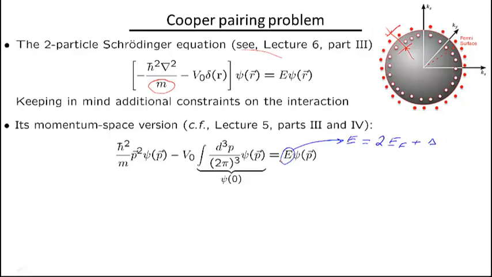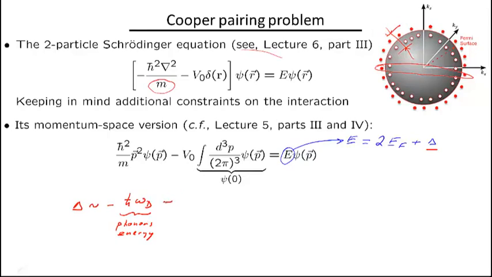I'm just going to present the final result for this key parameter delta, which is the energy of the bound state of 2 electrons that form sort of a large molecule, if you want, called a Cooper pair. This delta is going to be of the order of minus h-bar omega D. This is the typical phonon energy that we discussed on the previous slide.